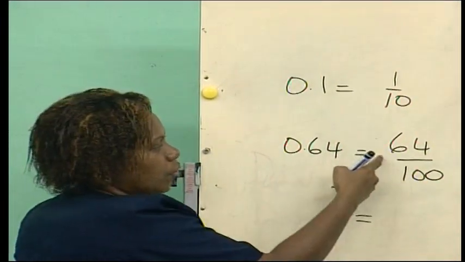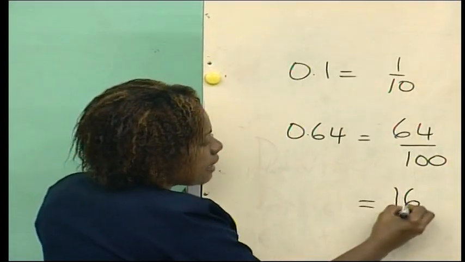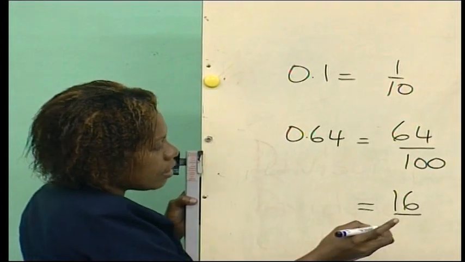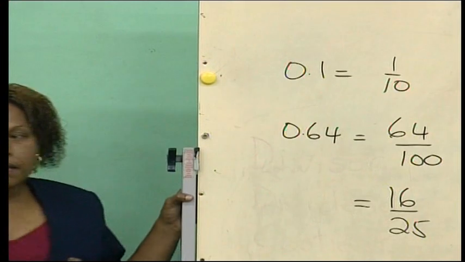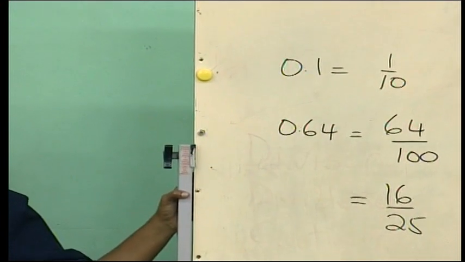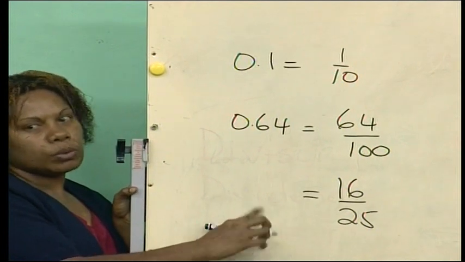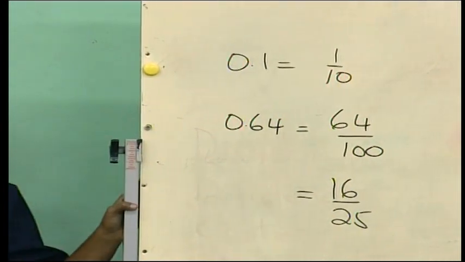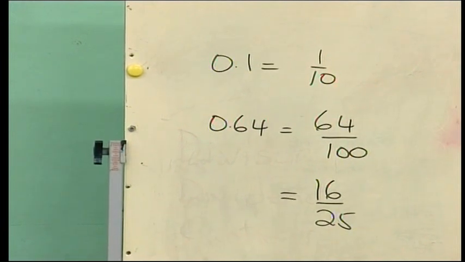So, 4 into 64? 16. 4 into 100? 25. 16/25. You cannot simplify further. No? Okay. So 16/25.